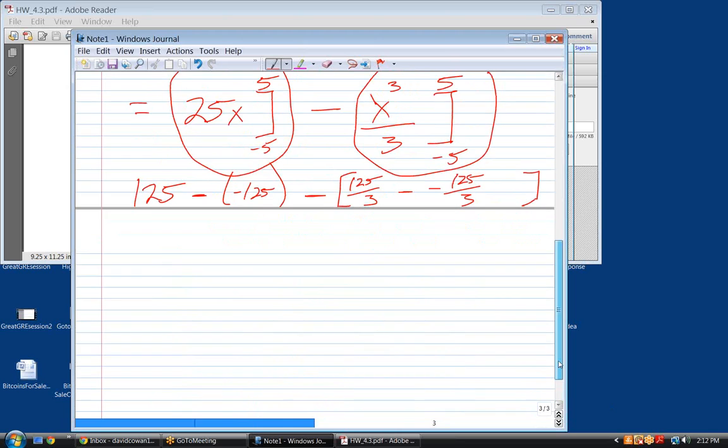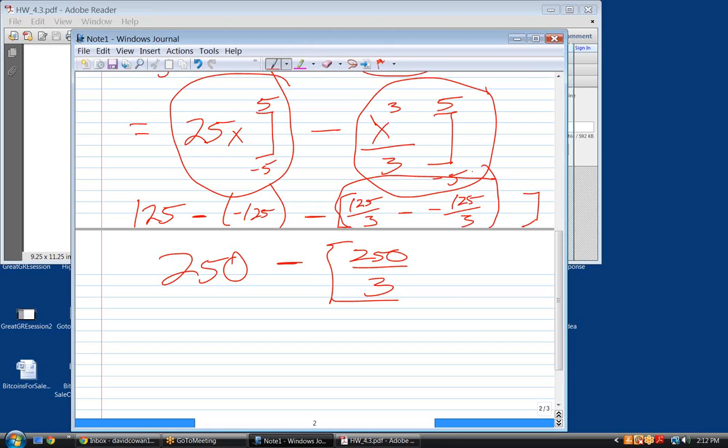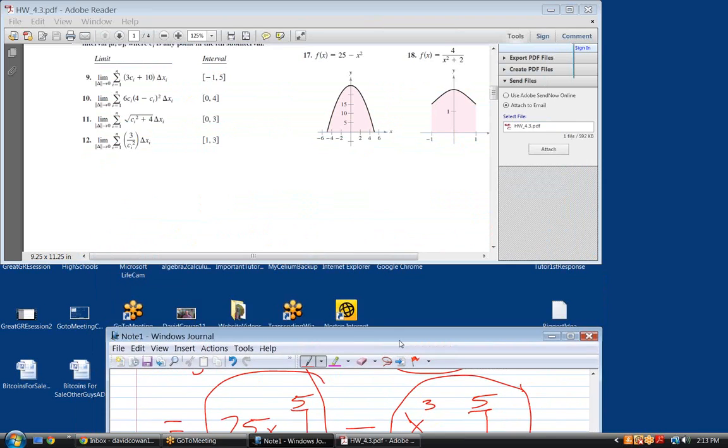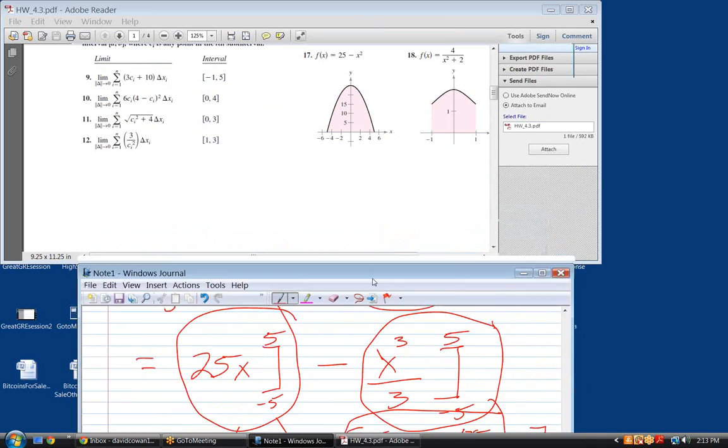So this whole thing becomes 250 minus the quantity 250 thirds. In other words, what's inside here is 250 thirds. So this is 750 thirds minus 250 thirds. 500 thirds is the answer for that one. Now, I know they didn't ask for that, and that's fine. But if you didn't know how to do it, you need to know how to do it.